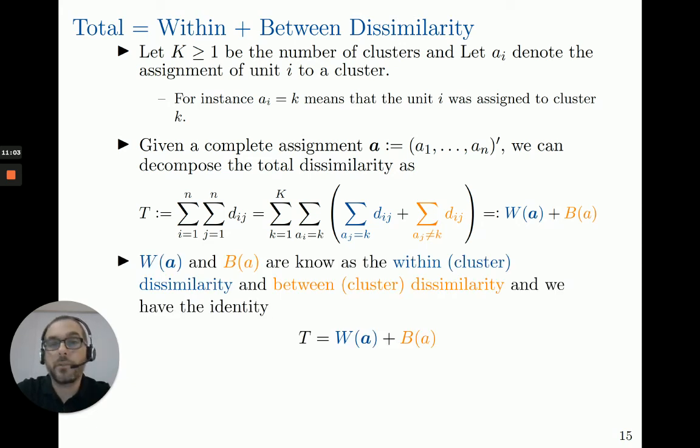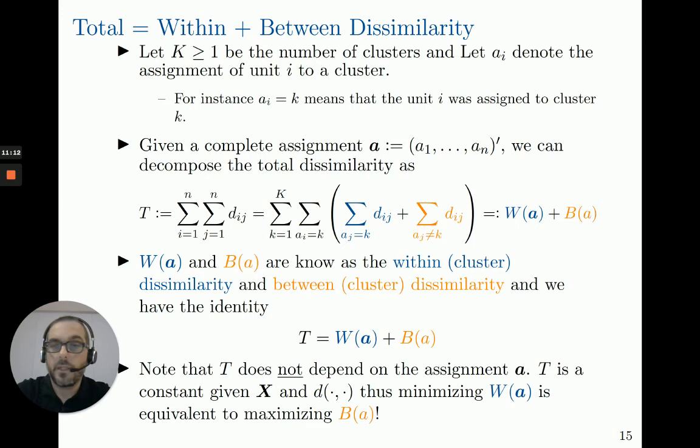W and B are known as the within-cluster dissimilarity and between-cluster dissimilarity, and we have the identity that T equals W plus B. T does not depend on the assignment. T is a constant given X and D. Thus, minimizing W is equivalent to maximizing B, because T is given once we define our dissimilarity measure.